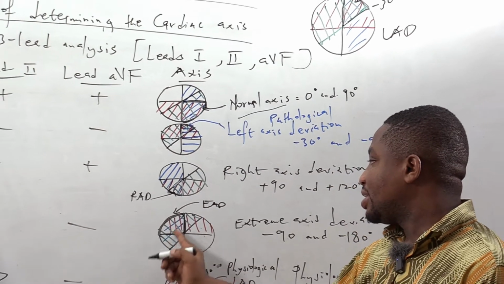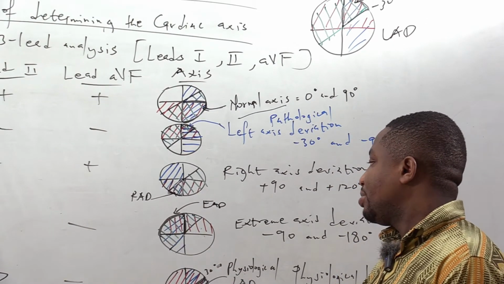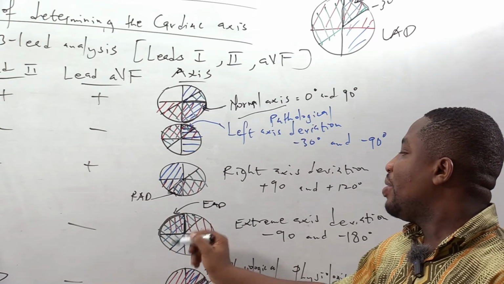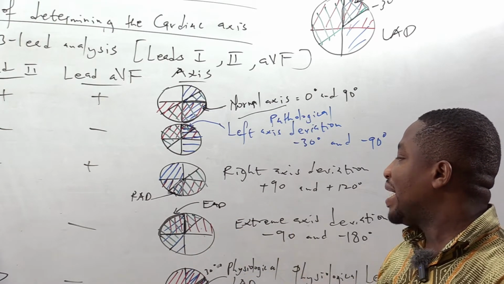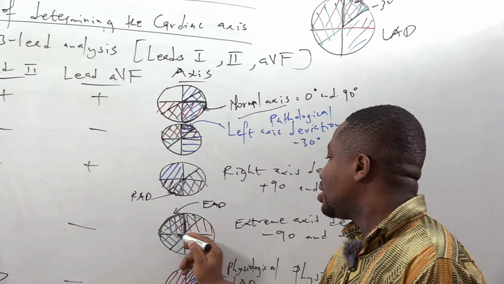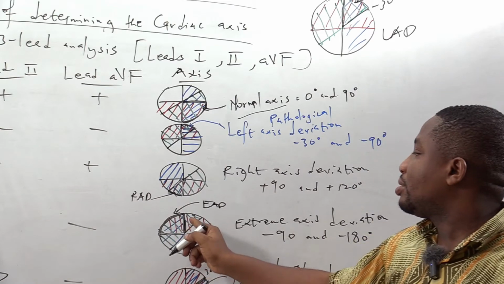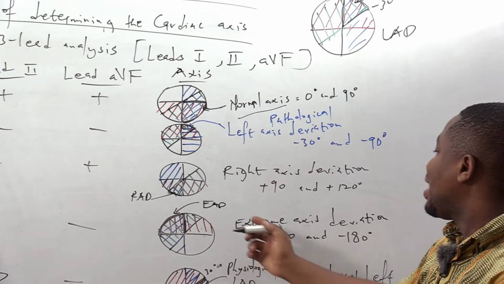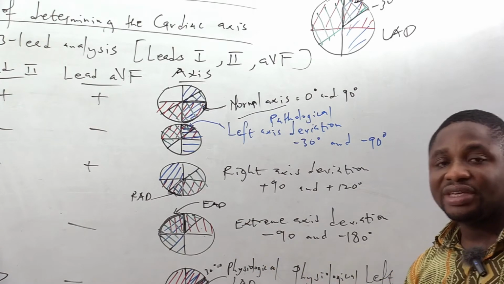As you can see here, we are shading with green. And if you are shading with green, what are we having? You can see the area where the red, blue, and the green mesh is within this zone, as you can see. And this zone is what? Minus 90 degrees and minus 180 degrees, giving you extreme axis of deviation.